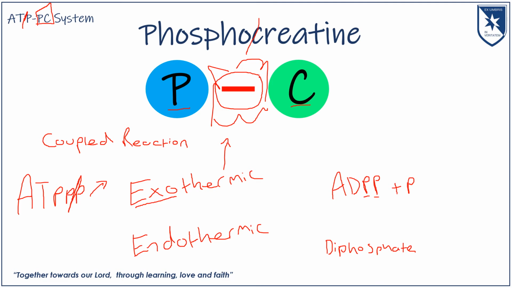We can use that energy to create an endothermic reaction, which will add a phosphate back onto an ADP compound, and that will then equal ATP. So we're refueling or resynthesizing ATP here, and that is what a coupled reaction is.